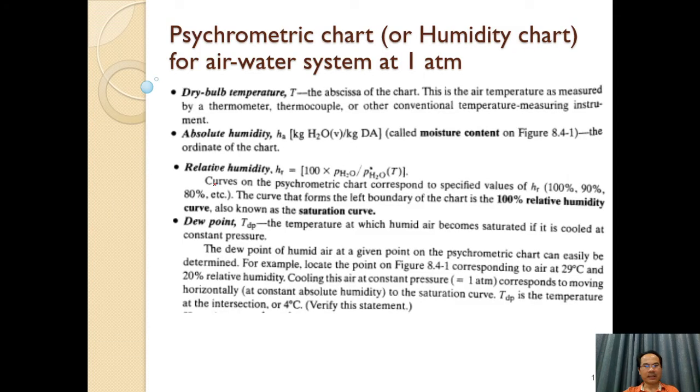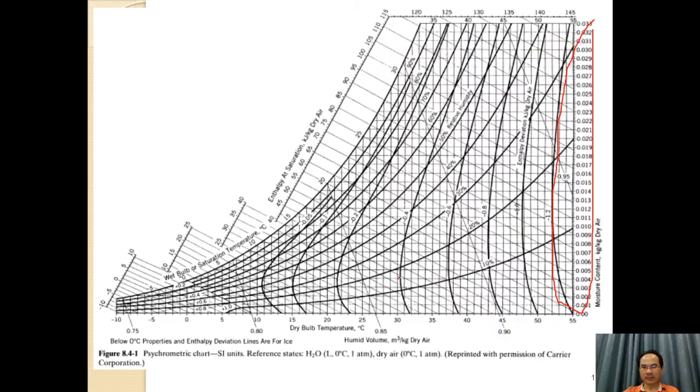The next term is relative humidity. Relative humidity is equal to 100 multiplied by the partial pressure of water divided by the vapor pressure of water. On the chart, the relative humidity is shown in these curves: 10% relative humidity, 20%, 30%, 40%, 50%, and then 100% relative humidity, which means the saturation curve.